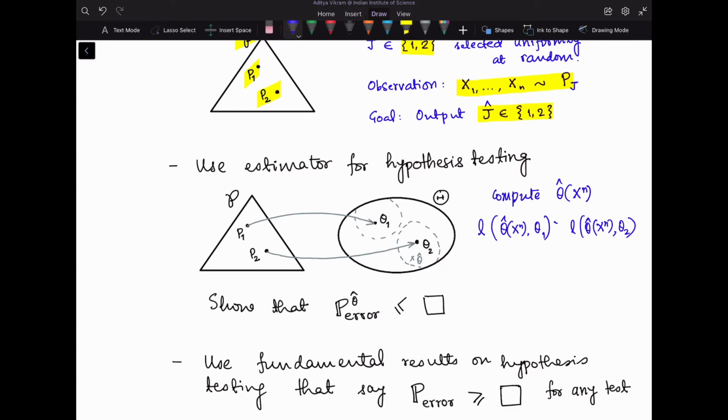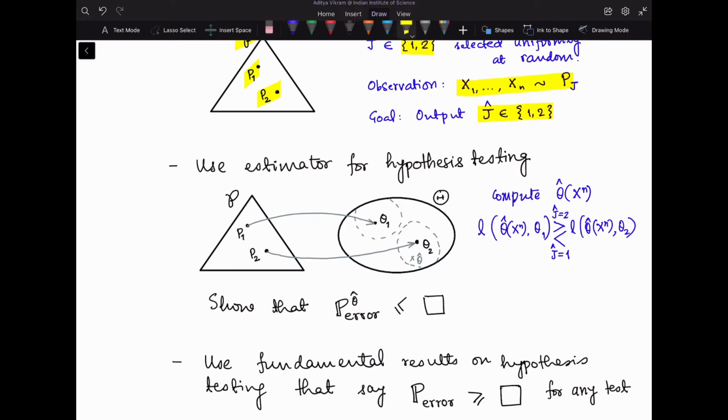Okay, if L theta hat theta 1 is bigger, you estimate J hat as 2 because you're closer to 2, right? And if L theta hat theta 1 is smaller, you estimate J hat to be 1. So basically you're solving this hypothesis testing problem using your estimator.